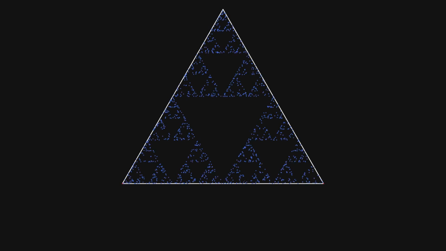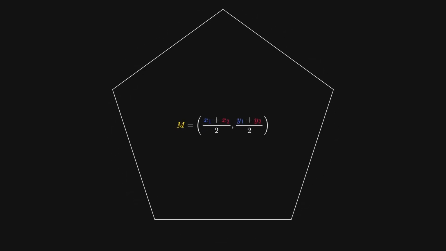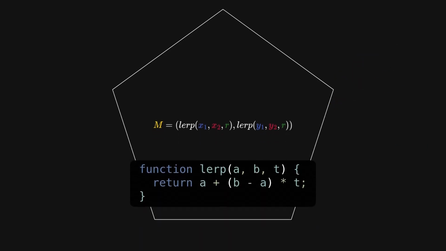Now there are lots of different ways you can use these steps to generate patterns. Let's go through some of them. This method works for any regular polygon, so it'll work for triangles, squares, pentagons, hexagons, heptagons, octagons, and beyond. You can also change the step where you select the midpoint to use Lerp instead. Here's a simple function for Lerp, also known as linear interpolation.